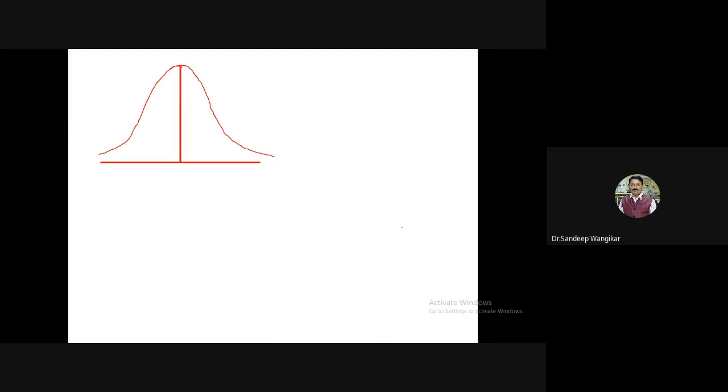Step number 2, area below the normal curve from Z1 to Z2.